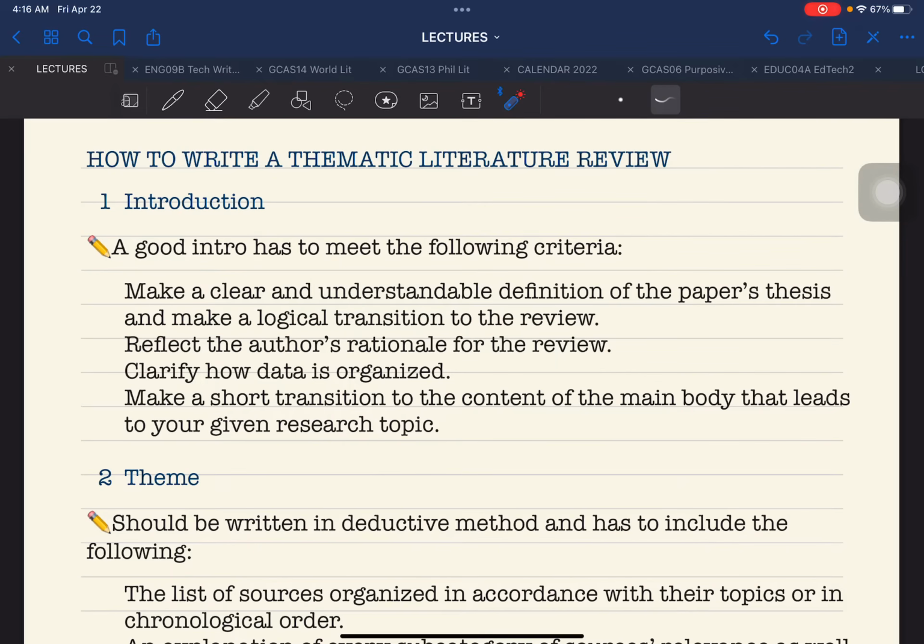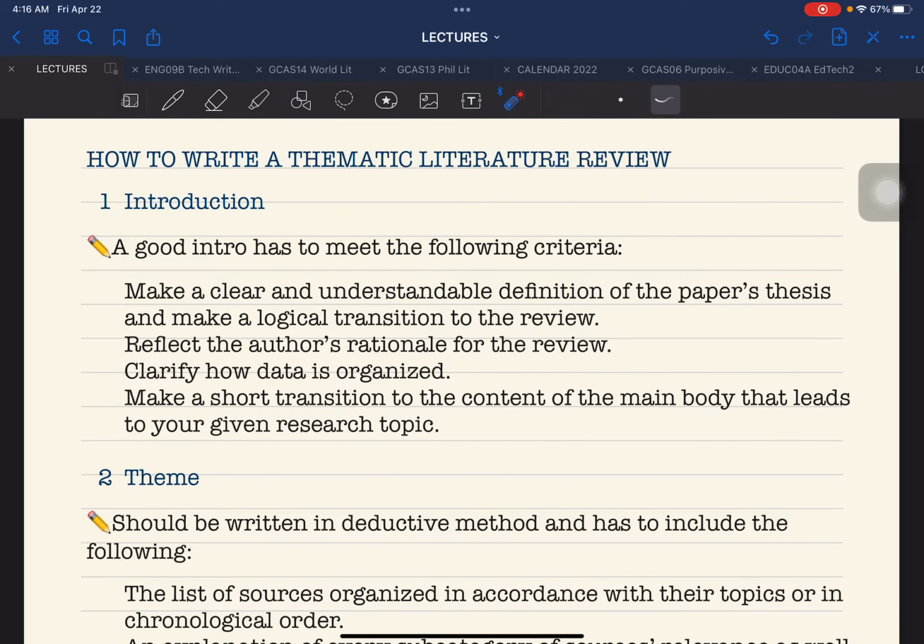So the introductory statement will prepare the readers for what they can expect while reading that particular part in relation to the study that they are trying to critique or analyze. So this is, as the term implies, an introduction to what they are going to read in the succeeding part of the paper. So make sure you clearly state the definition and the objective of the paper.